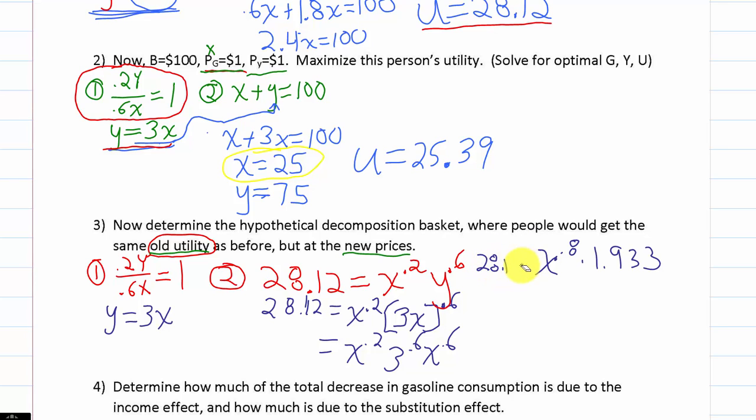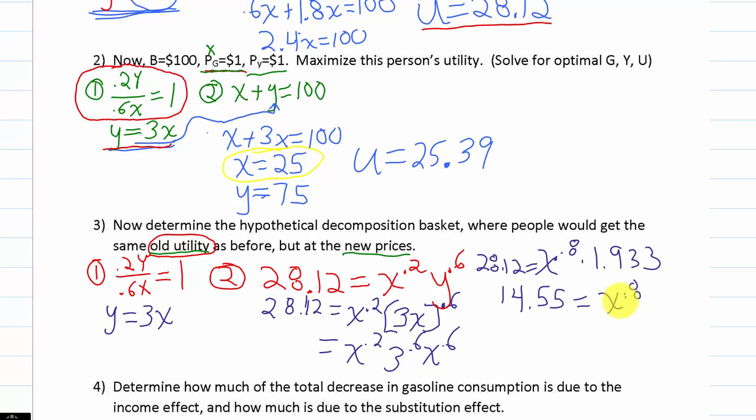Okay. Now divide both sides by the 1.933. So 28.12 divided by 1.933 gives us 14.55 roughly, equals x to the 0.8 power.